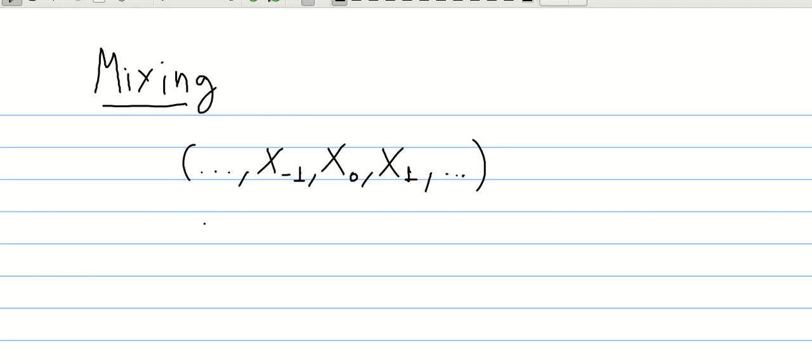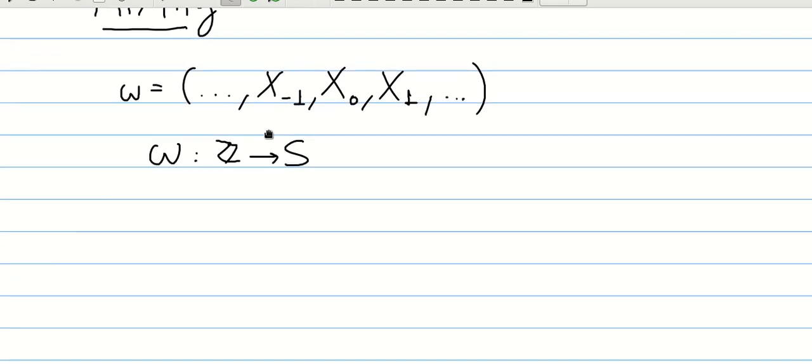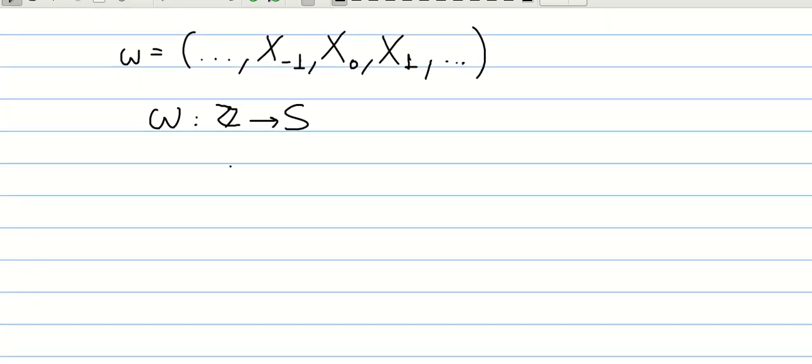And one way to see this is to see this array omega as a function from Z to your space. So having this, we can define already two important things.